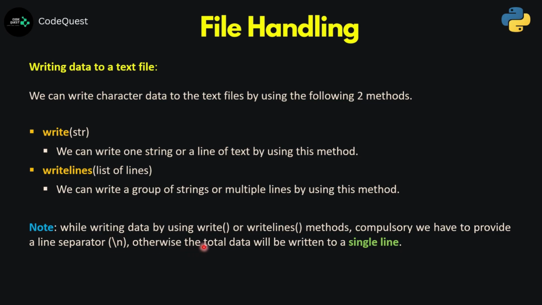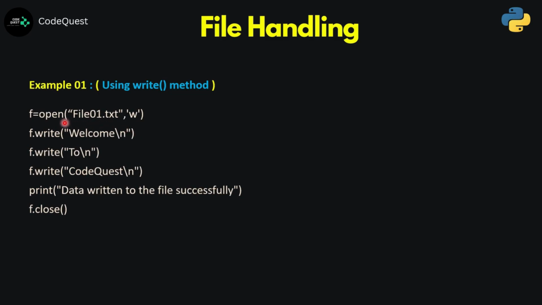Otherwise, the entire data will be written into a single line. So usage of \n, either with the write method or the writelines method, is almost compulsory. Otherwise, though you think that you have written multiple lines, all those lines will be stored in a single line. So let's see one example.